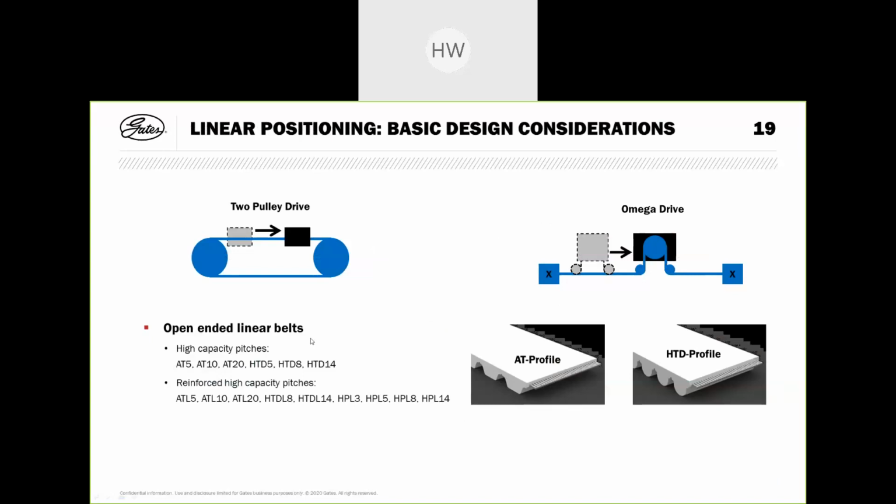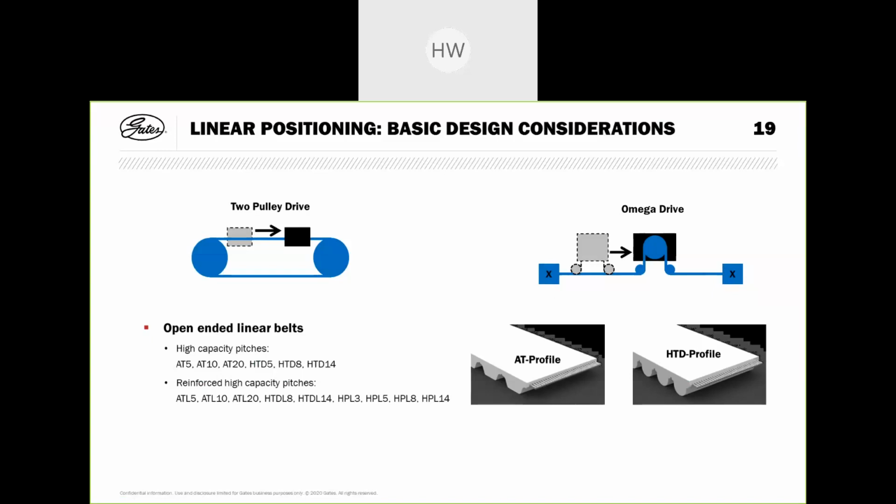Open linear belts are mostly used in linear positioning since the belt does not go around the pulley. In the two-pulley drives and on an omega drive, the belt ends are fixed on the construction or on the floor. And mostly we use high capacity pitches since linear positioning mostly requires high acceleration rates and high positioning accuracy.